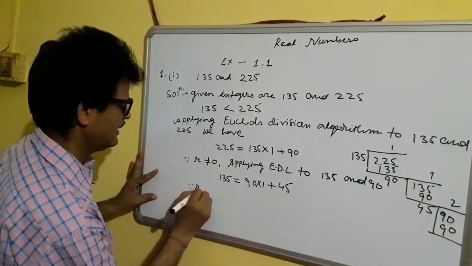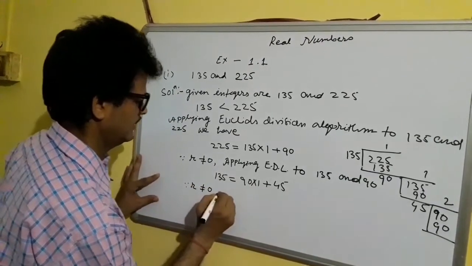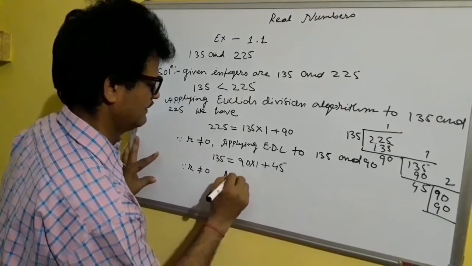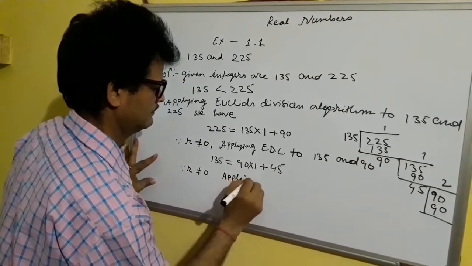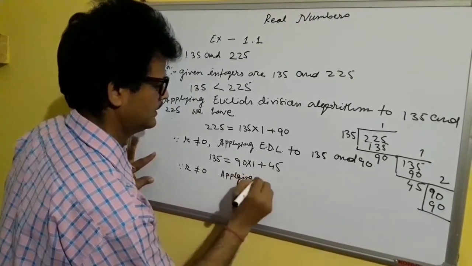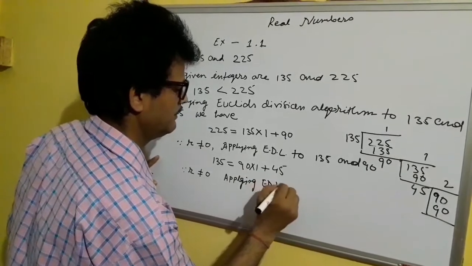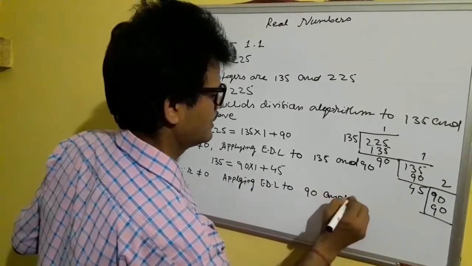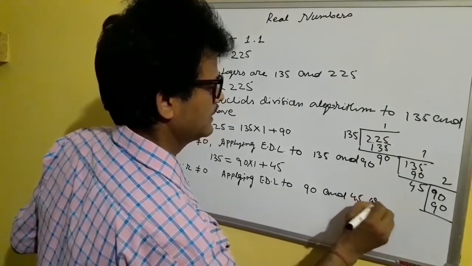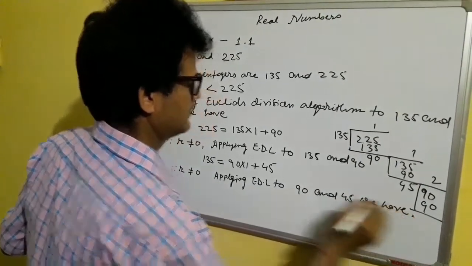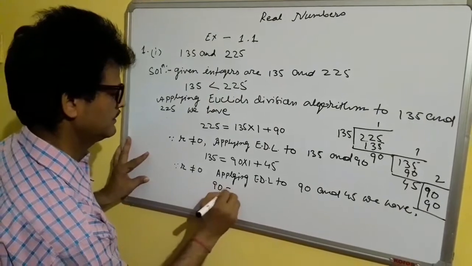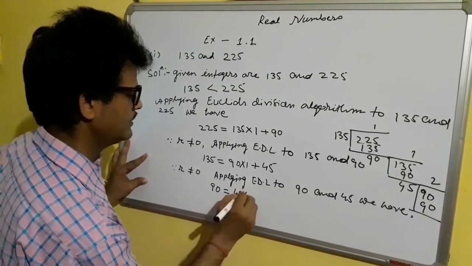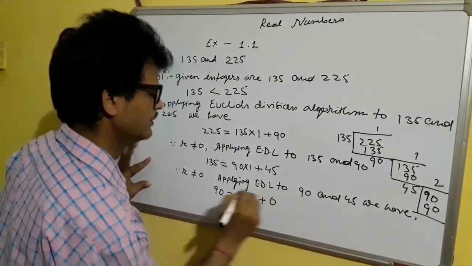Since r is not equal to 0, apply Euclid's division lemma to 90 and 45. We have 90 equals 45 into 2 plus 0.